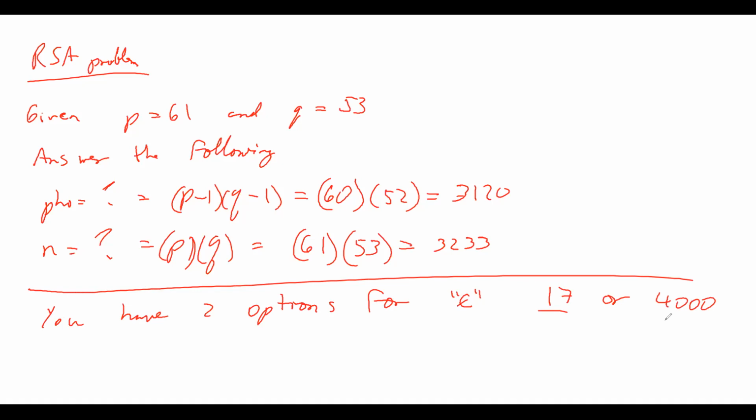Based on the conditions of RSA, what is e? And explain how you came to that answer. So given what you've seen before, what would you say? Which one is e? 17 or 4,000?